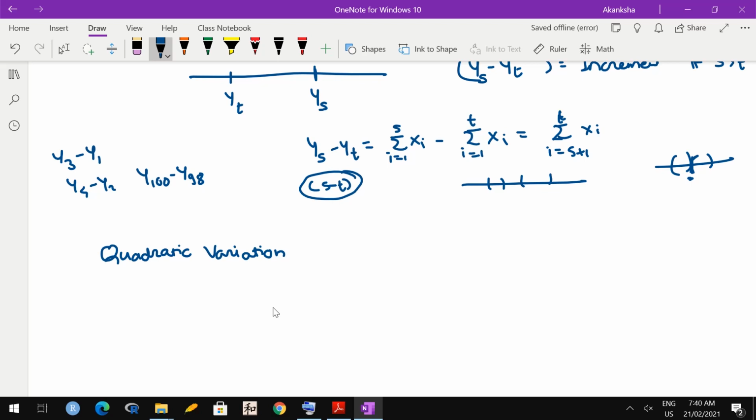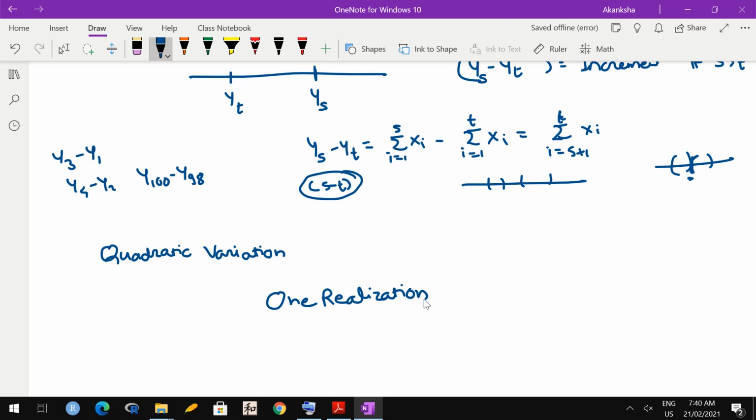Whenever you have processes which are progressing in time, you always get to see only one realization of that process. And we know in the usual theory that whenever you want to compute variance of something, you need multiple realizations. However, in a stochastic process, we don't have that luxury. In fact, that's why in time series you need stationarity, so that estimation becomes possible.